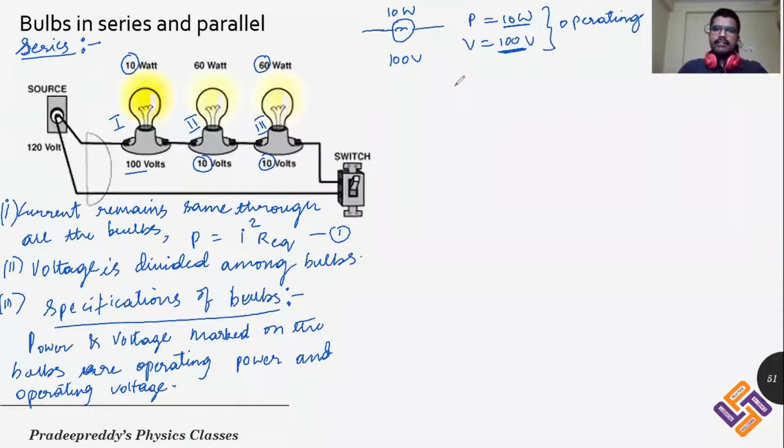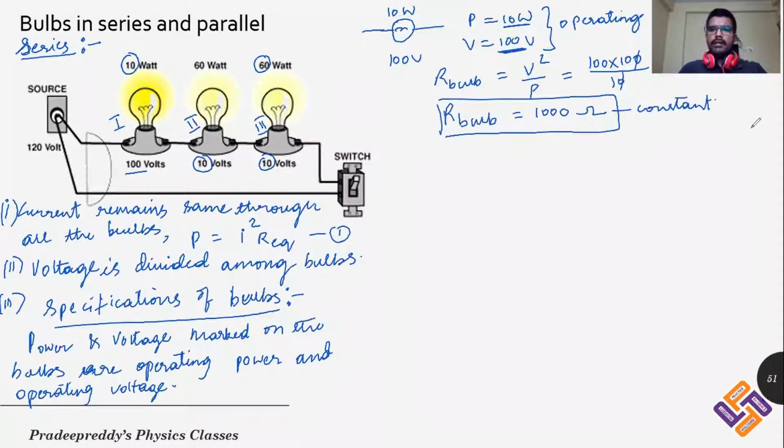Therefore, resistance of the bulb is equal to V square divided by P. V square is 100 into 100 divided by power 10. This and this get cancelled. So resistance of the bulb is equal to 1000 ohm. This is constant.